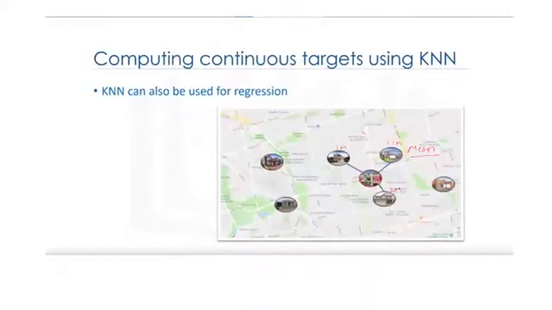Mode is what? A category which has a higher frequency. So out of 5, if 3 are from one category, then that category is my mode. So I'll use mode for classification and mean for regression. Okay, so this is what KNN is.